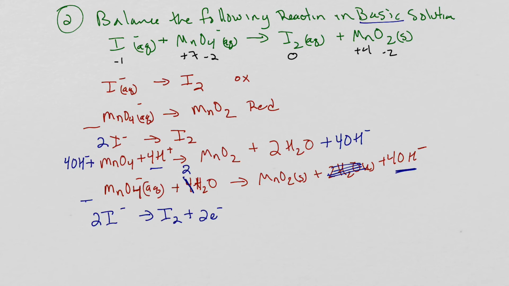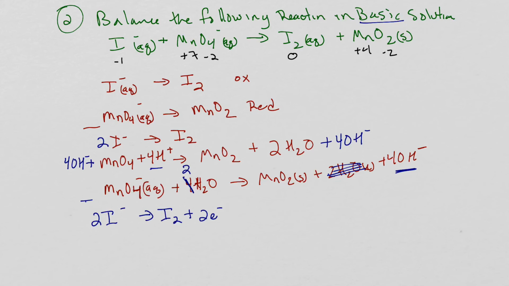And then if we look at the permanganate, we have a -1 on this side from our 1 permanganate, and on this side we have 4 minus. So that means we need 3 electrons on the reactant side.